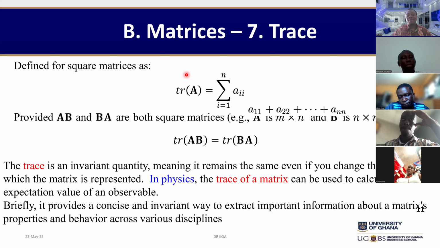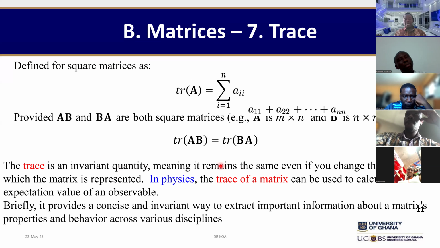So the trace is a very powerful concept. We call it an invariant quantity. It doesn't vary. It remains the same, even if you change the basis in which the matrix is represented. In physics, the trace of a matrix can be used to compute the expected value of an observable.